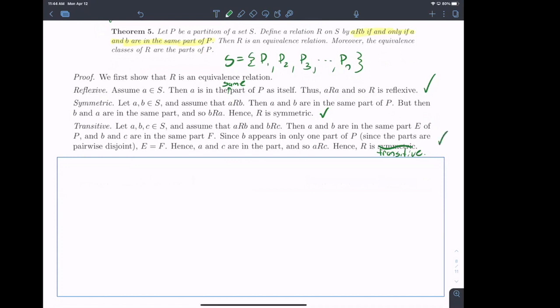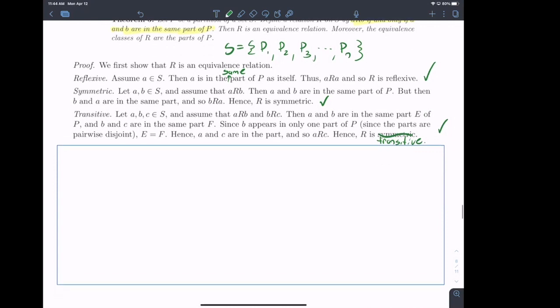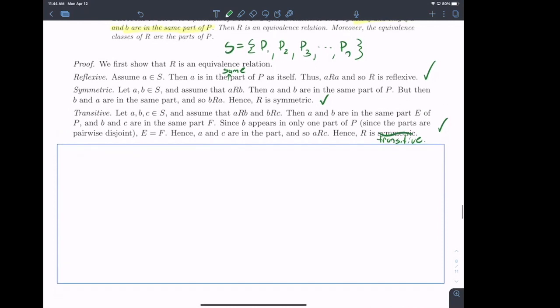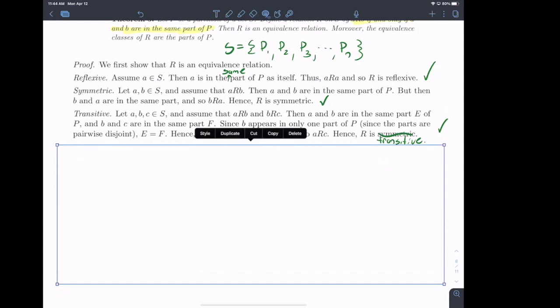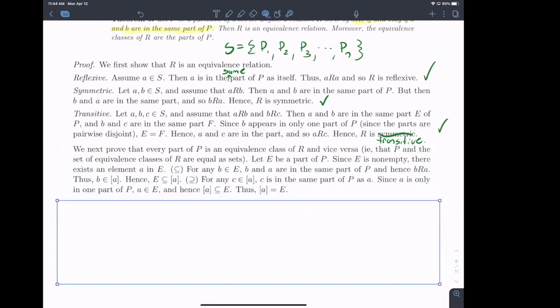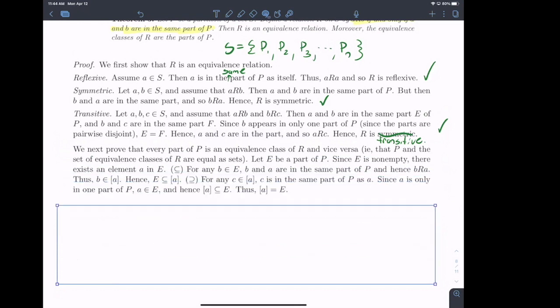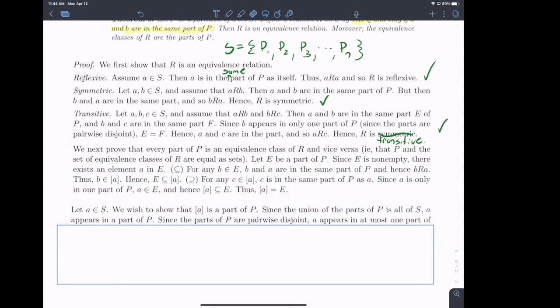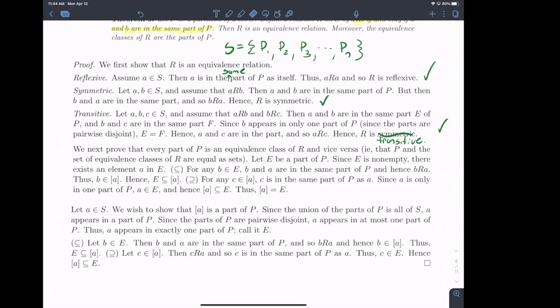So that tells us R is an equivalence relation, since we've got those three properties satisfied. And then the last part, maybe I'll just leave this for you guys to verify, is arguing that each of the equivalence classes of this relation leads back to one of the original parts of the partition.